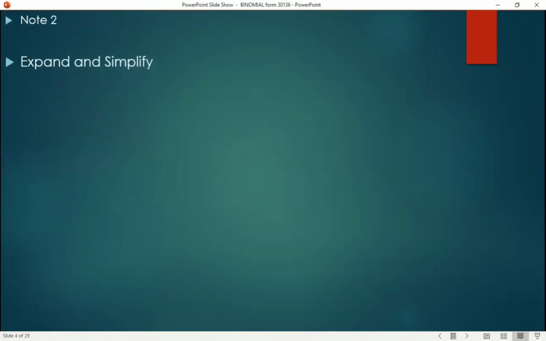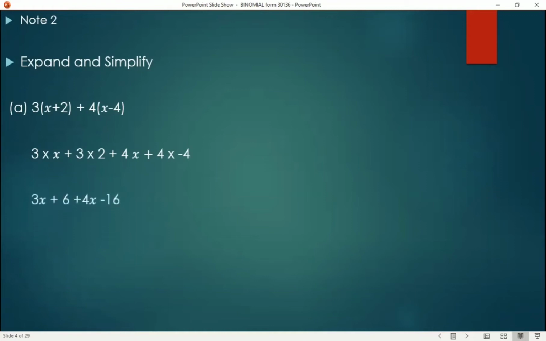Now here, if we have to expand and simplify 3 into bracket (x plus 2) plus 4 into bracket (x minus 4), it's 3 times x plus 3 times 2 plus 4 times x plus 4 times minus 4. 3 times x is 3x, 3 times 2 is 6, 4x, 4 times minus 4 is minus 16.